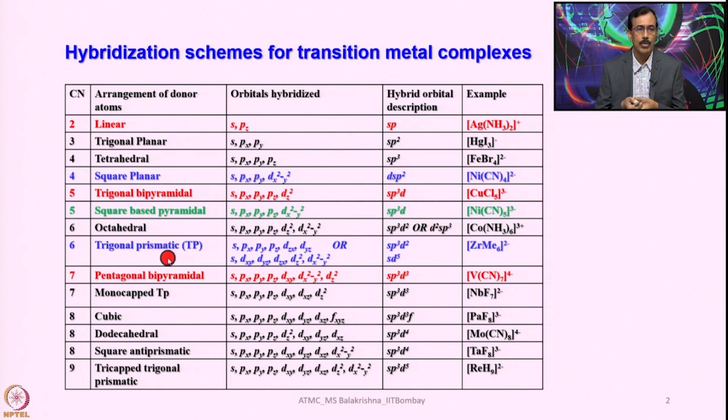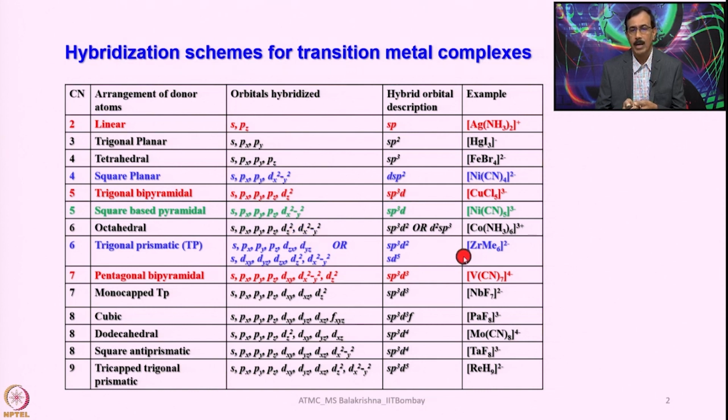When we go to coordination number 6, we come across another important geometry, that is trigonal prismatic, and here also the hybridization is essentially the same, sp3d2, but the d orbitals we take are different. One such example: we can take s, px, py, pz, and then dxz and dyz are taken here, not dz square and dx square minus y square, which we prefer in case of octahedral complexes.